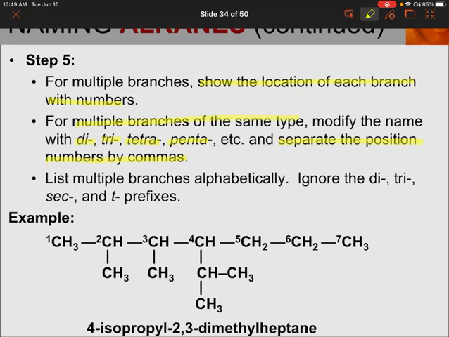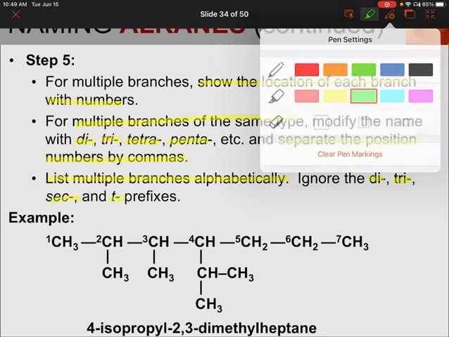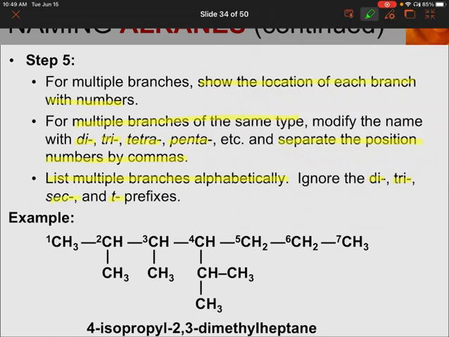Next, we're going to list the multiple branches alphabetically, but we're going to ignore any prefixes like di, tri, sec, and t. So looking down below, let's identify the longest branch, the longest parent chain of carbons.